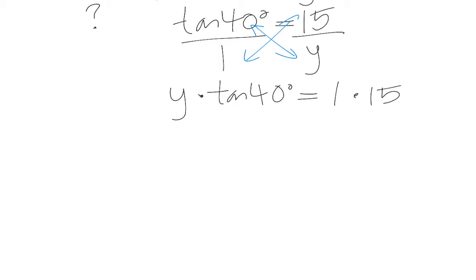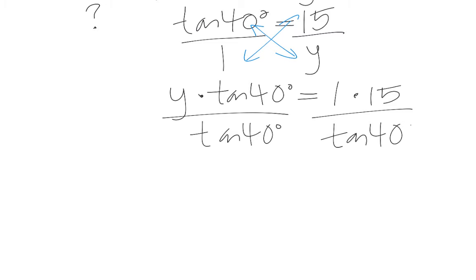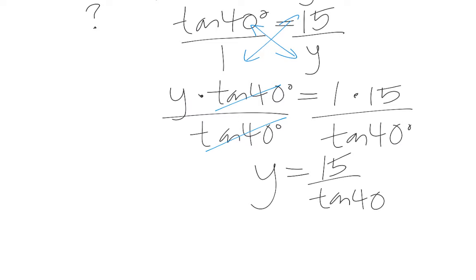Therefore, let's divide both sides by tan 40. The tan 40 on the left side is going to cancel out because anything divided by itself is 1, and anything multiplied by 1 doesn't really change. So we have y, and 1 times 15, pretty simple, that's 15, and tan 40 stays exactly the same.